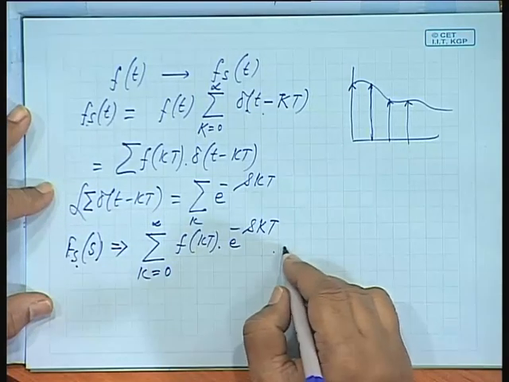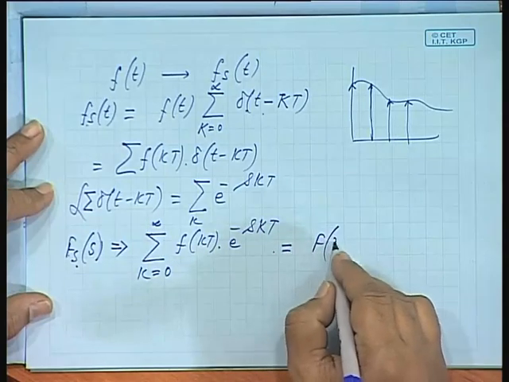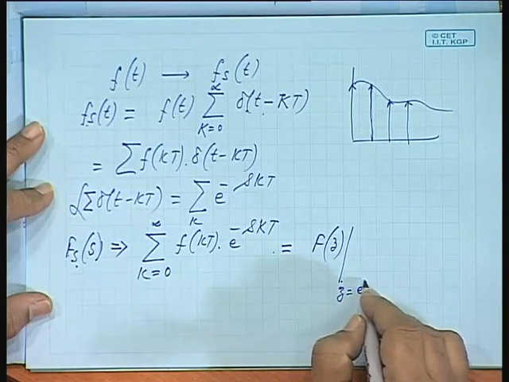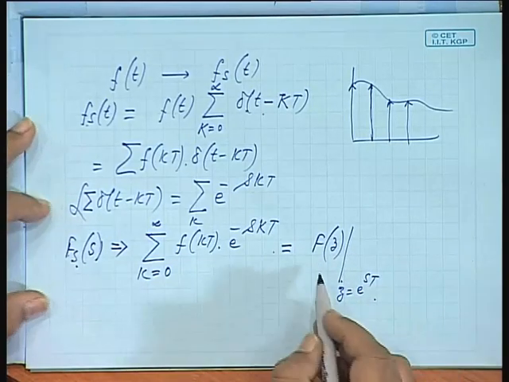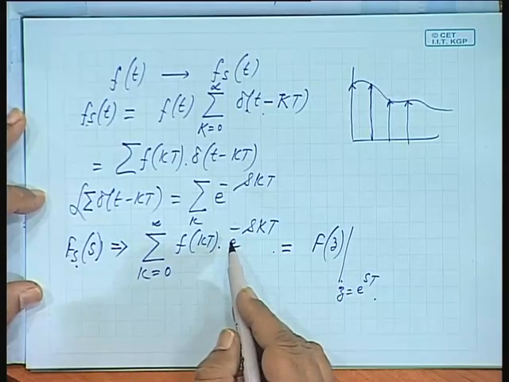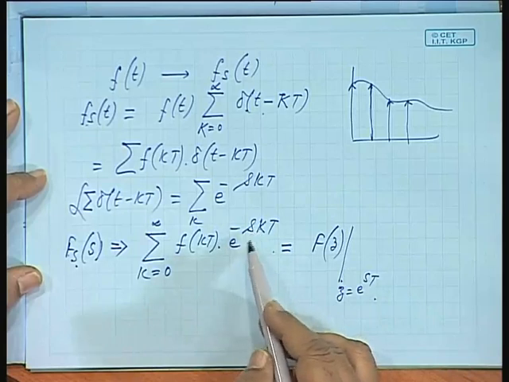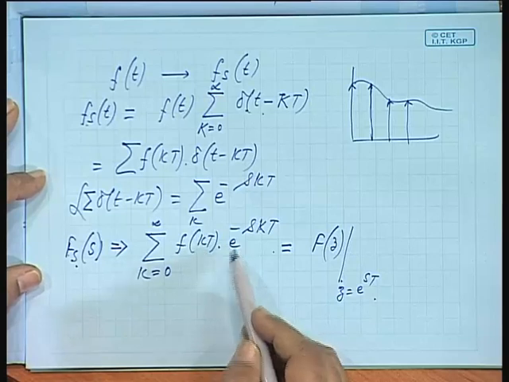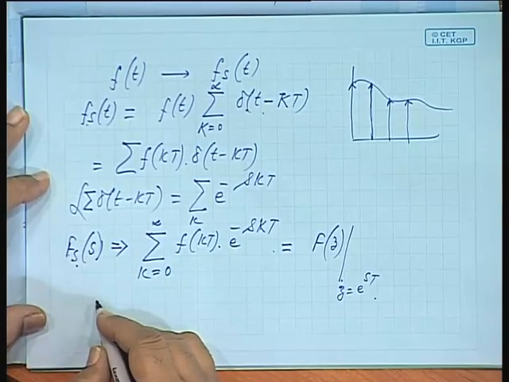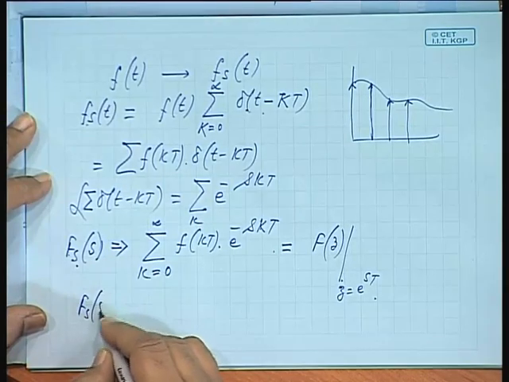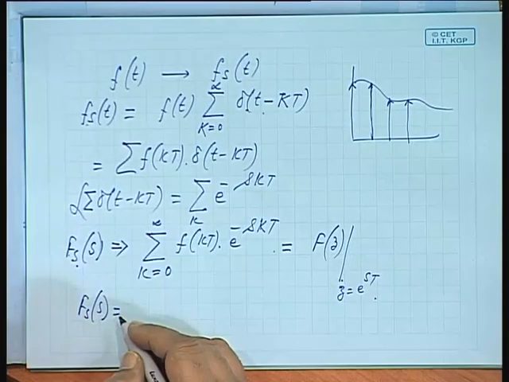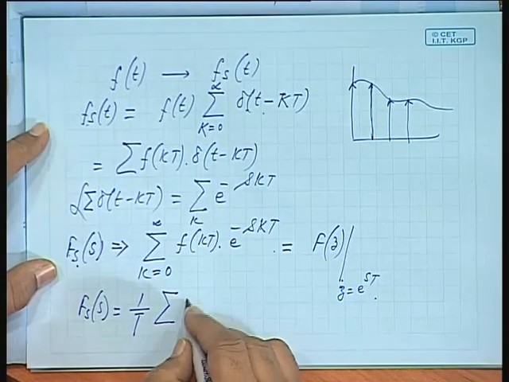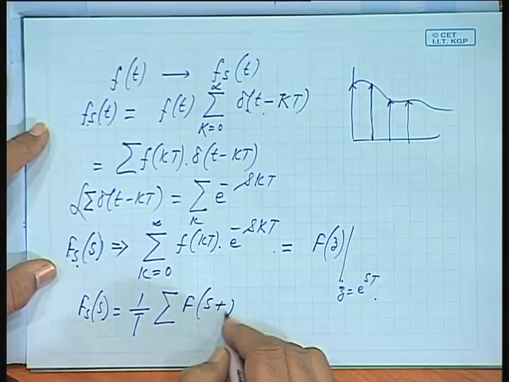So, this is nothing but the Z transform evaluated at Z equal to e to the power s T. This is by definition the Z transform. If I substitute Z for e to the power s T, then this becomes the Z transform. So, f s of s will be 1 by T summation. This is the proof that I asked you to try out.